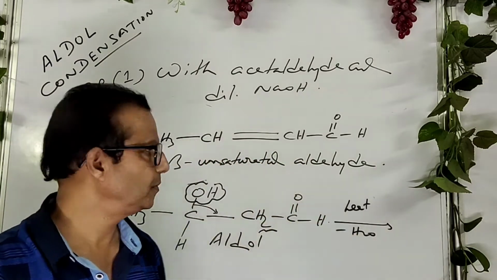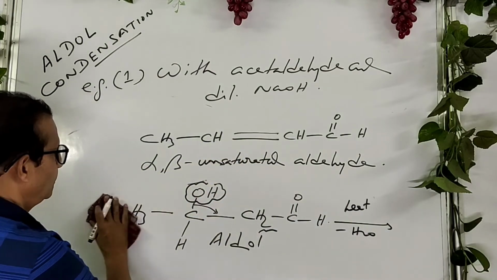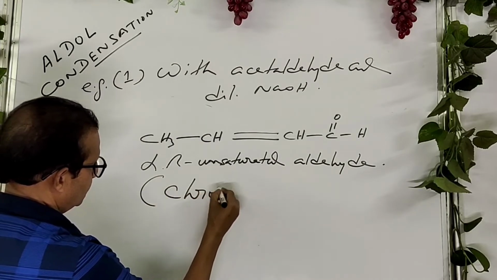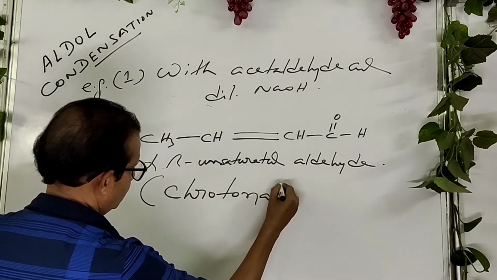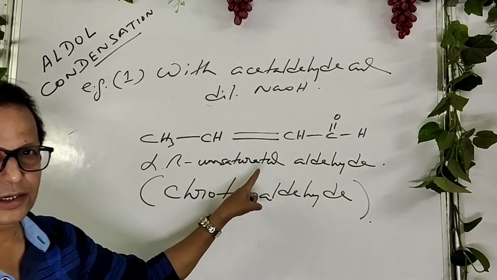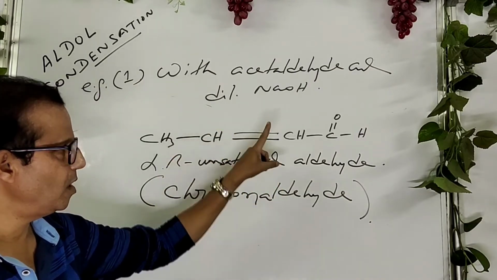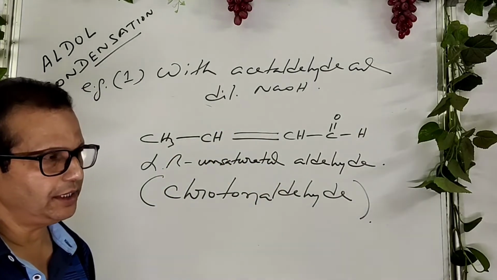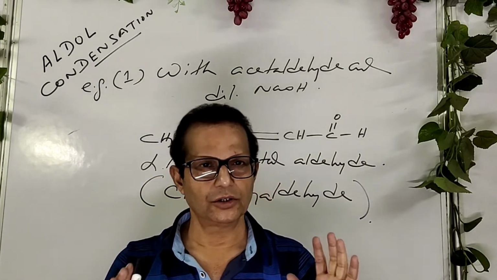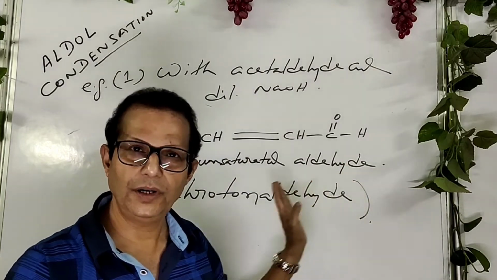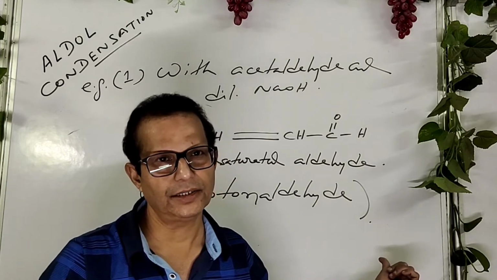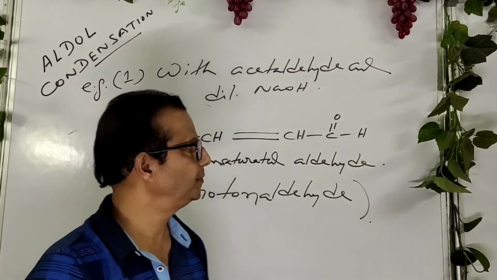It has some name, called crotonaldehyde. Clear? So listen, in the board exam, if only aldol condensation comes, don't write this heating step, only write the aldol. If it is mentioned what happens when aldol is heated, then write it. Actually this is an entrance-based question.